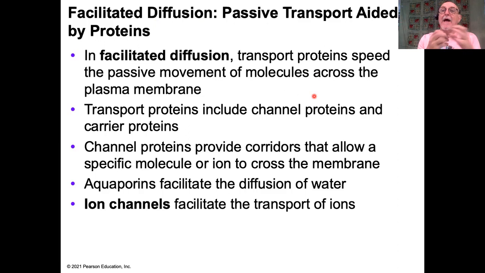The channel that opens is usually a protein, a protein specific for that particular ion. And because what is moving the ion is diffusion, we call this facilitated diffusion. Under normal circumstances, this diffusion would not occur very easily because there's a membrane in the way, but we open a channel specific for that ion.